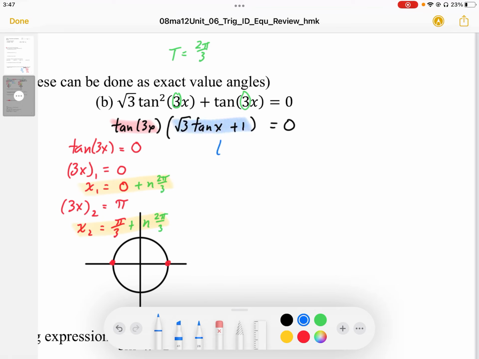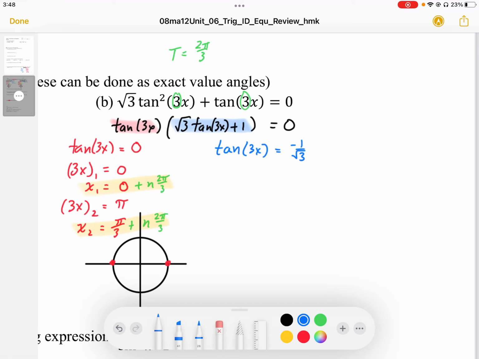So this ends up being tan 3x is equal to negative 1 over root 3. Just going to fix that. This should have been a tan of 3x, and that's what we're solving for right now.